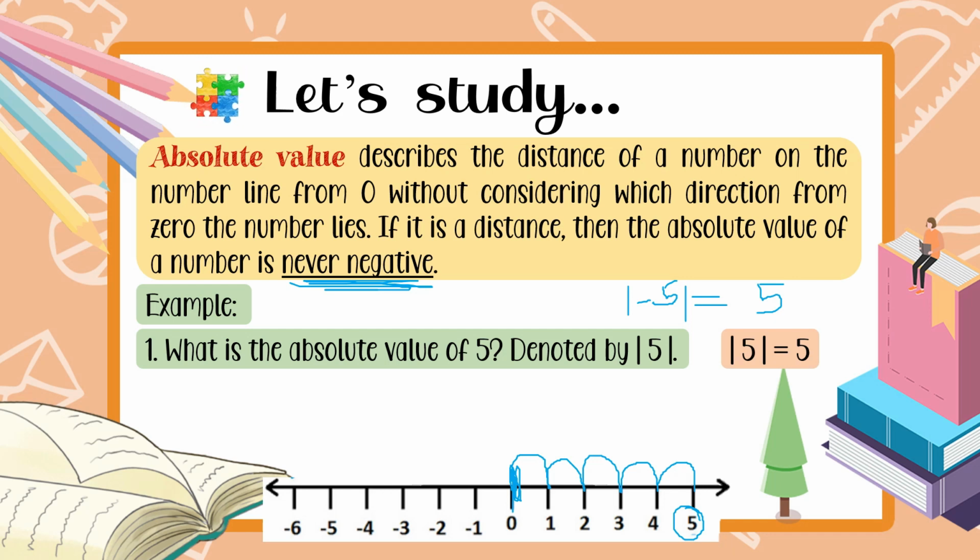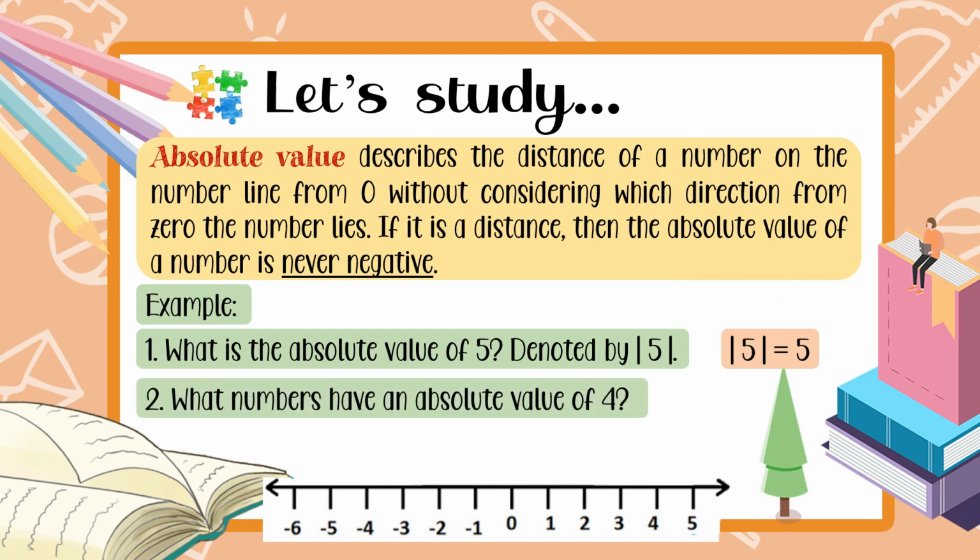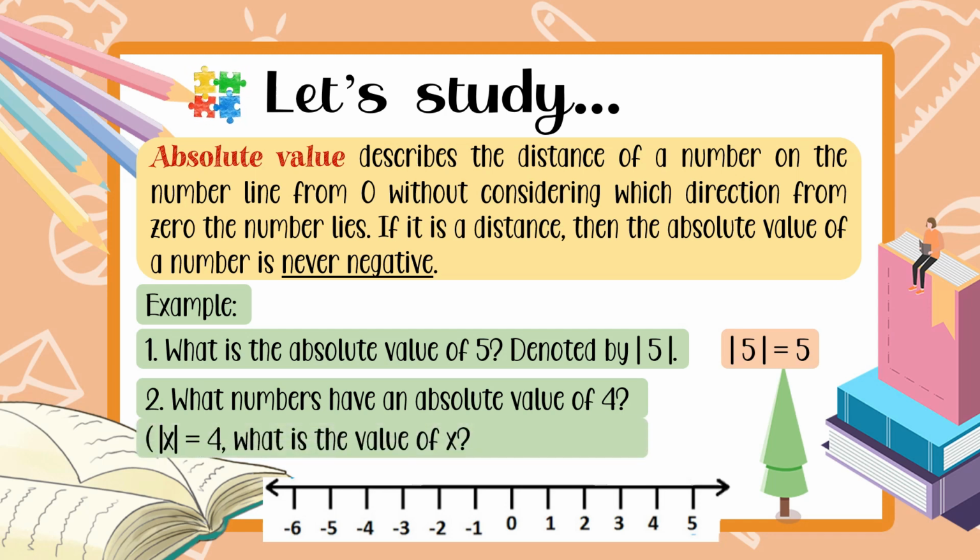Next example, what numbers have an absolute value of 4? So dahil hindi natin alam yung number, let us represent it by x. The absolute value of x is 4. Okay, so the absolute value of x is 4. What is the value of x? We're looking for this.